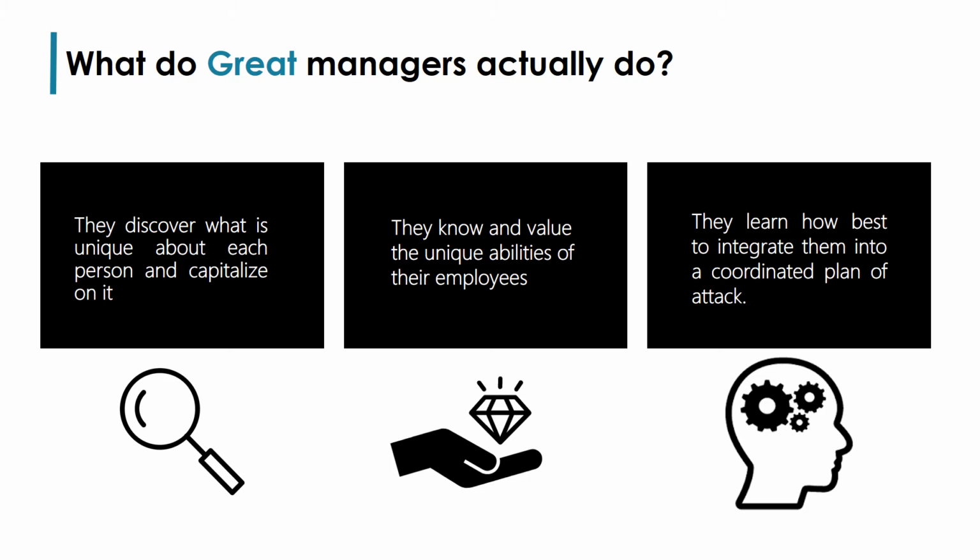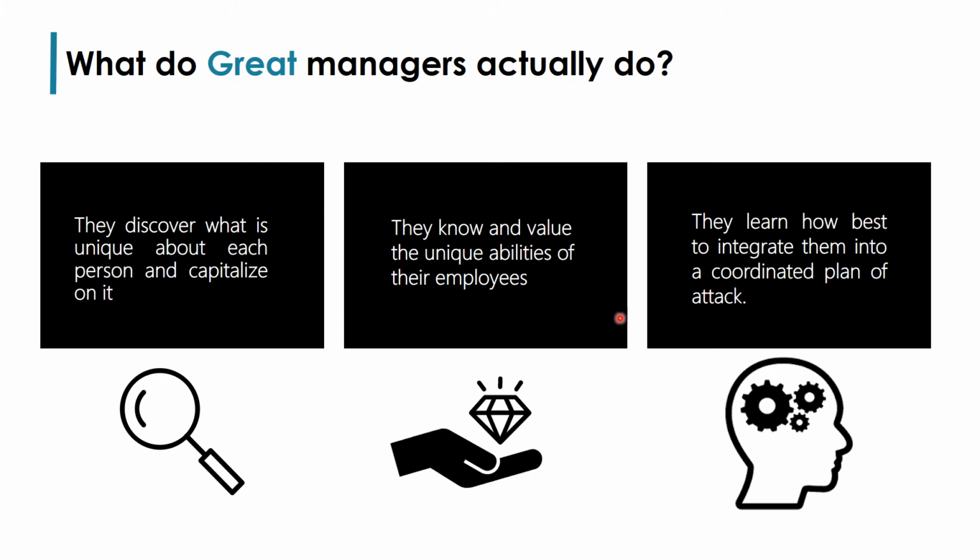Here is what great managers do. They stand out. They discover what's really different about each person, what's unique. They polish what is really strong and unique about each person and they focus on it.